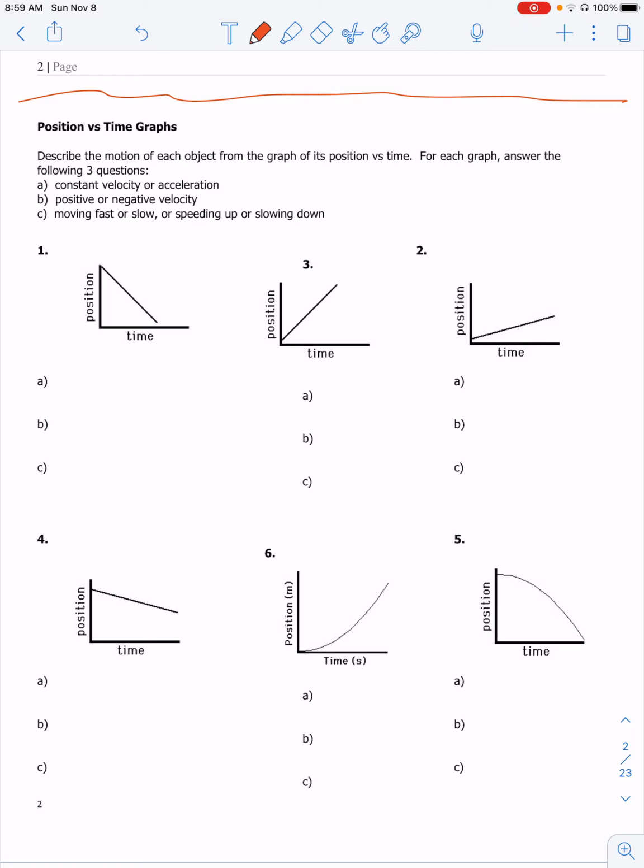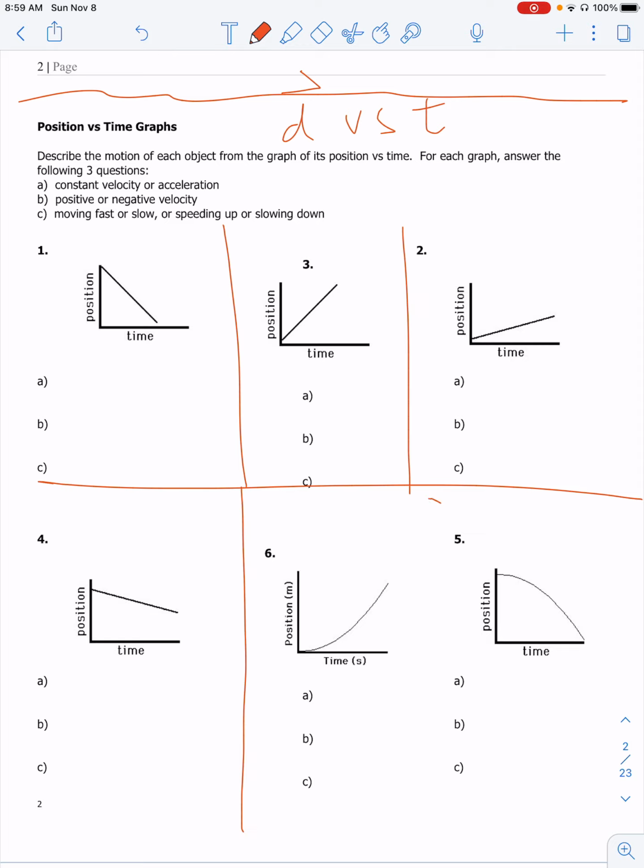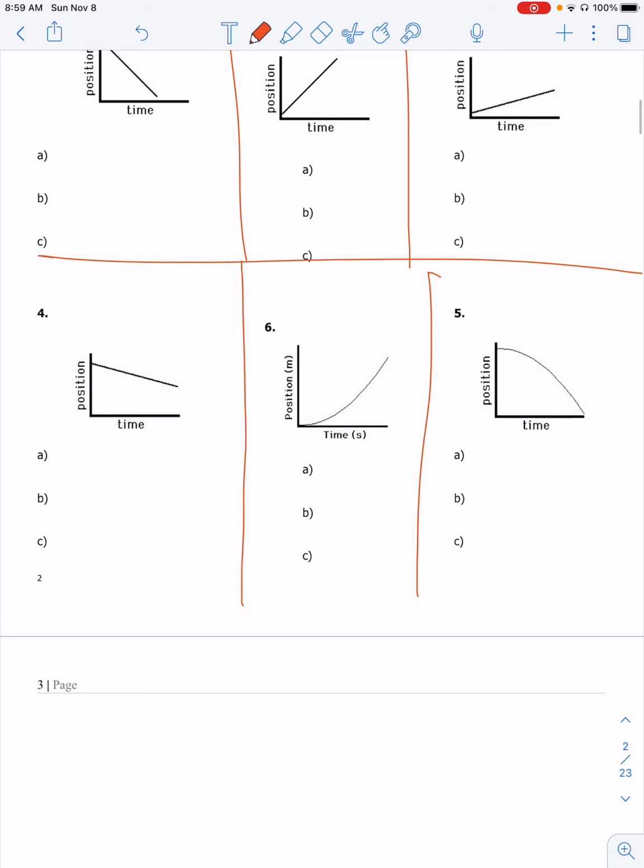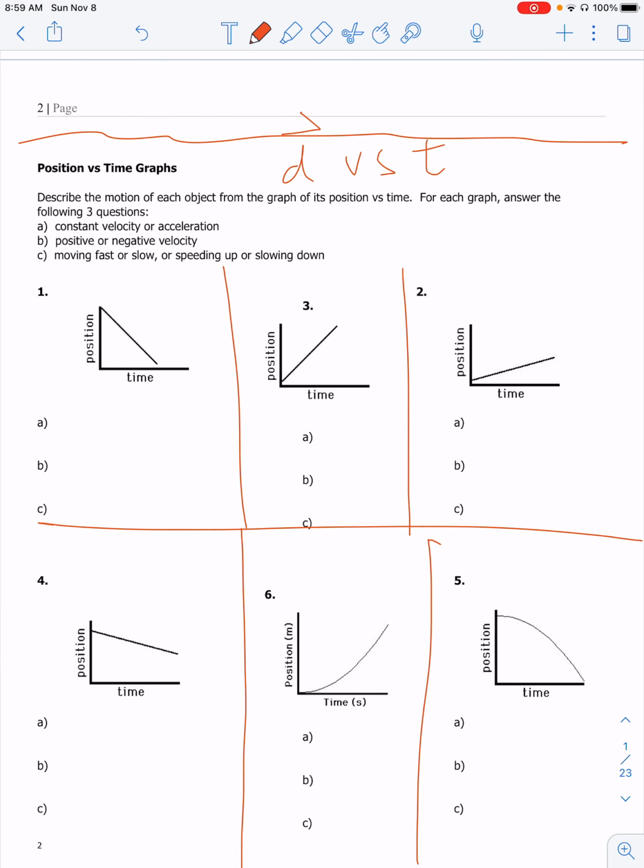First thing about D versus T graphs, it's really displacement versus time, or position versus time, but I just call them D versus T. Most important thing on a D versus T graph is the slope, rise over run, is equal to what?